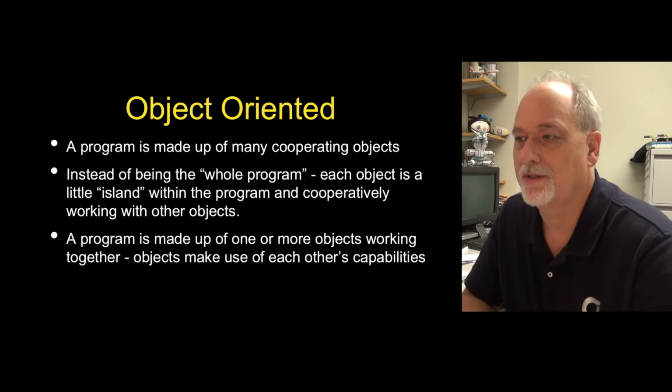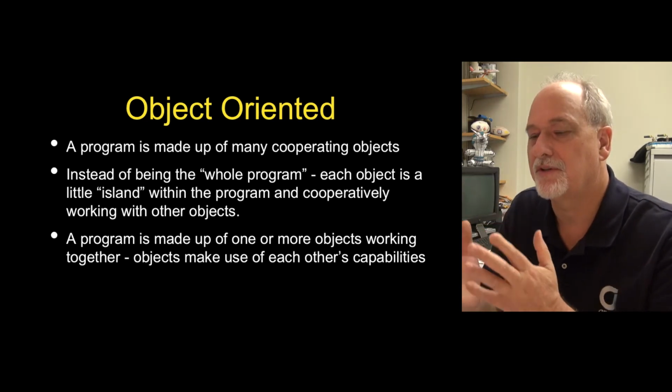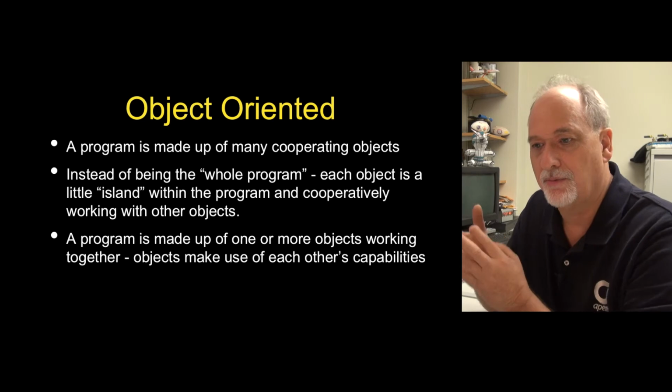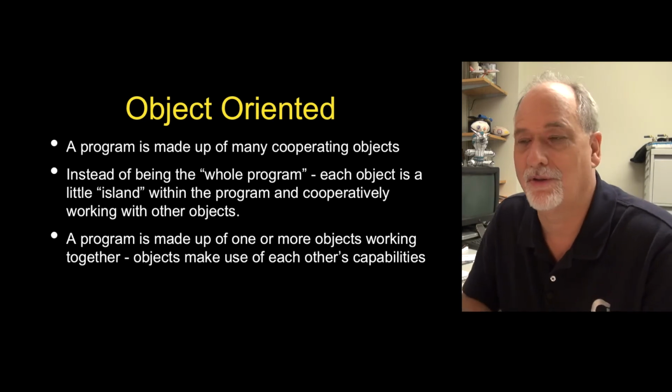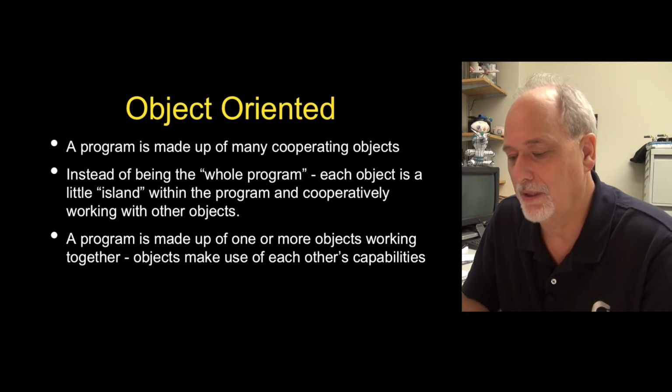In object-oriented programming, and frankly, you've been using object-oriented all along, the program has lots of objects, and we're putting stuff into these objects, taking stuff out of one object and putting it into another object. As soon as you're looking at dictionaries and lists, you're doing objects.